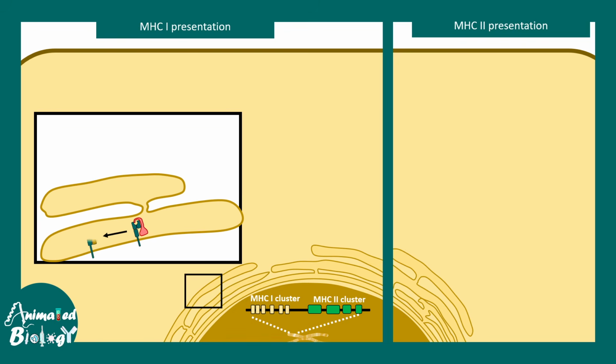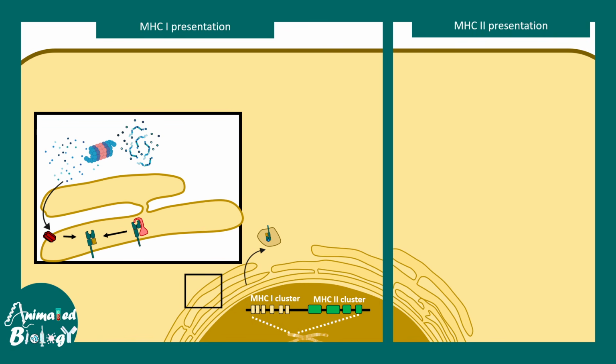There are other chaperones which help in the assembly of the class 1 MHC and the beta 2 microglobulin. Specific proteasomes known as immunoproteasomes break down endogenous proteins and make fragments of them. These fragments enter the endoplasmic reticulum with the help of the TAP transporter. Once they enter through the TAP transporter, they get displayed on the newly formed MHC class 1 molecule.